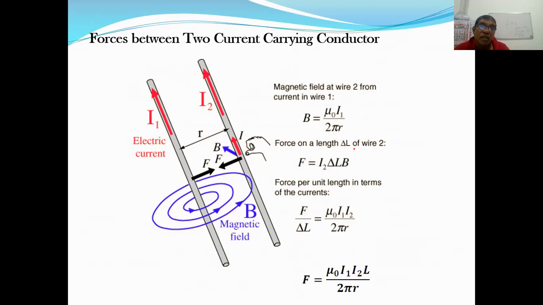So this is one application of both the Biot-Savart law and Fleming's left hand rule, right? Any application of this one? Can you explain?